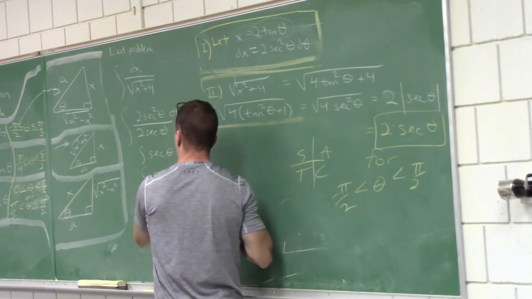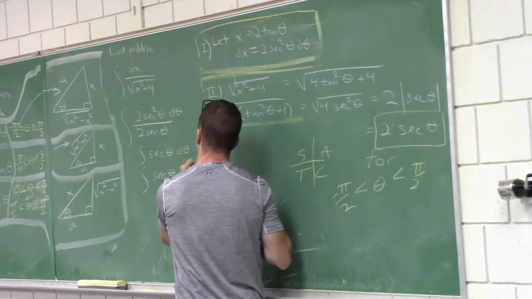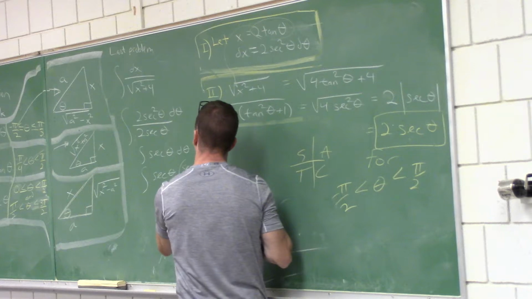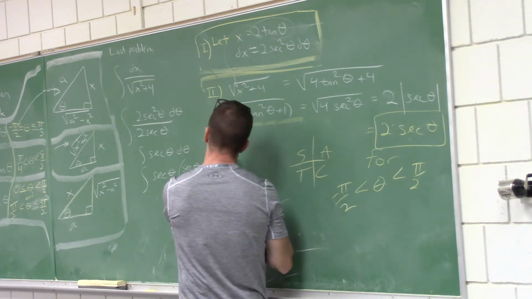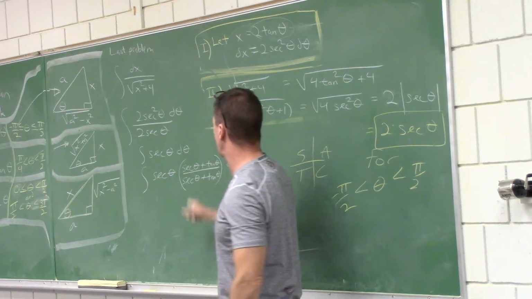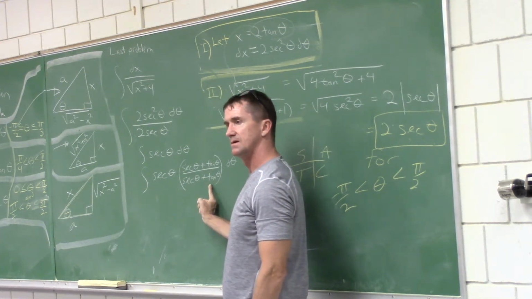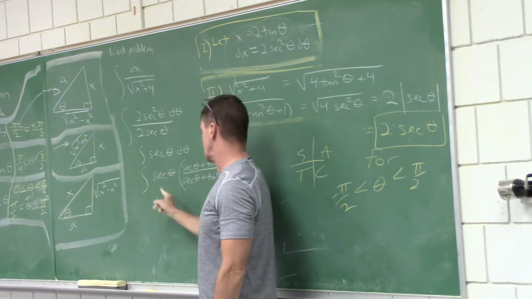We're going to multiply the number 1 on top and bottom of this expression. In order to integrate the secant of theta, we're going to multiply by secant theta plus tangent theta over secant theta plus tangent theta. Let me halt so everyone understands what I'm doing. I am doing this so we can integrate this.